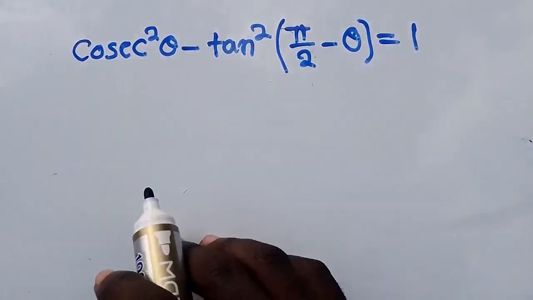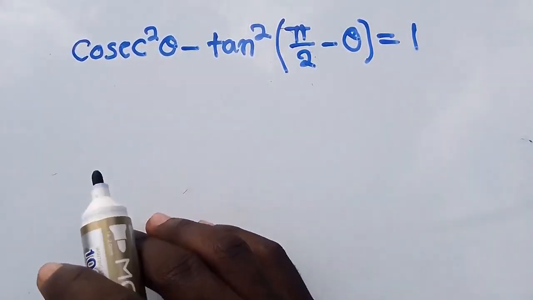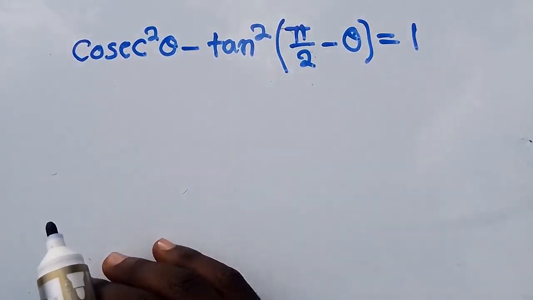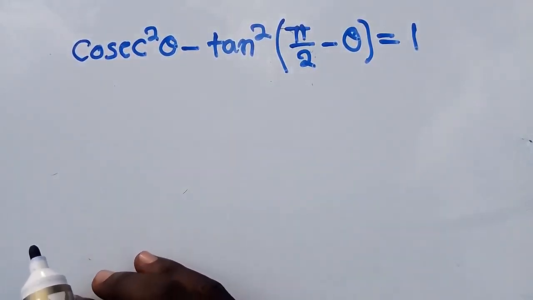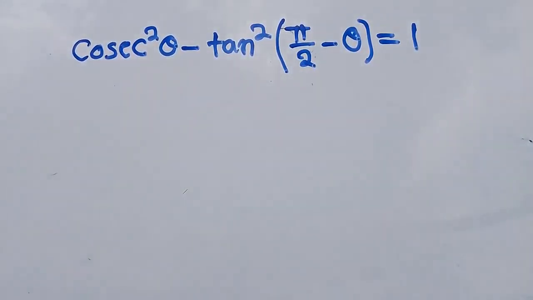The easiest way to answer this question is to revise through something. When you check the cotangent identities, there's something you need to know and understand.